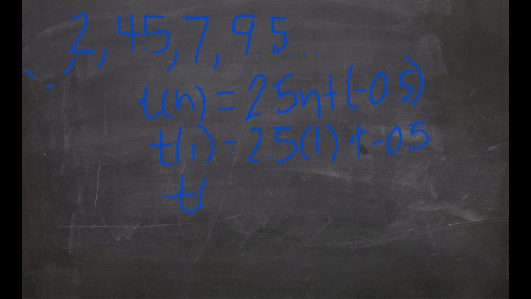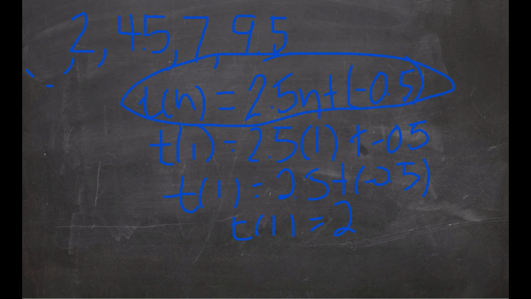So T of 1 should equal 2.5 plus negative 0.5. And that does give us 2. So we know that our equation is correct. This is our explicit equation.